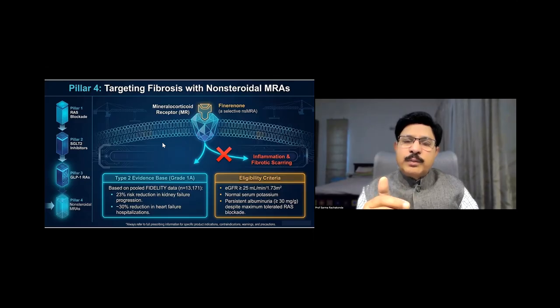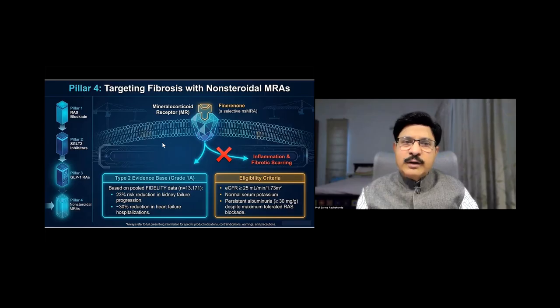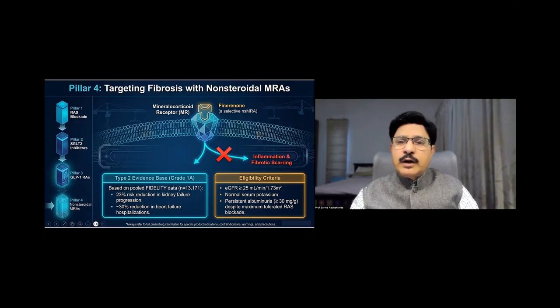What is the problem? Tubular fibrosis, tubulolysis. That is the one causing all the cardiovascular problems. If I use NSMRA, that is non-steroidal MRA, targeting the fibrosis with a non-steroidal. What is NSMRA? There is a mineralocorticoid receptor here.